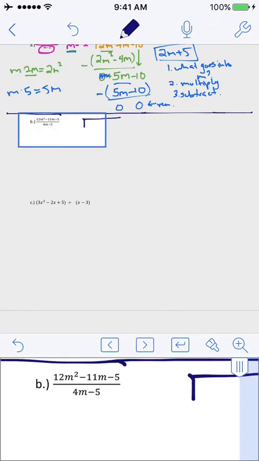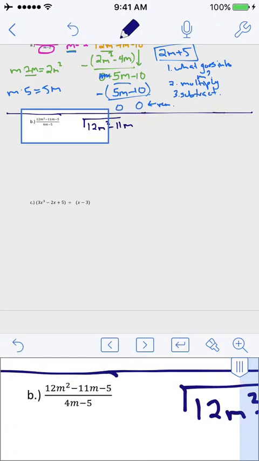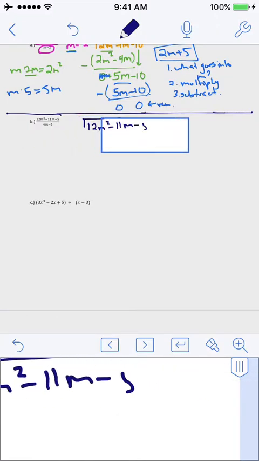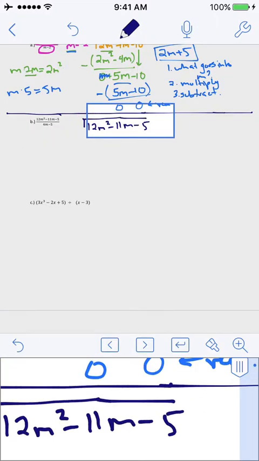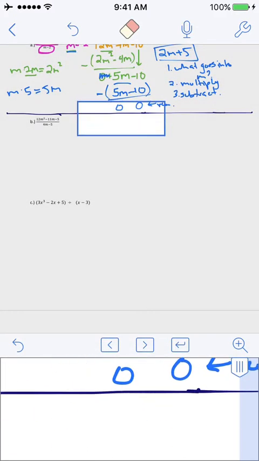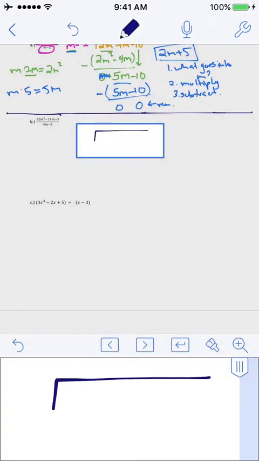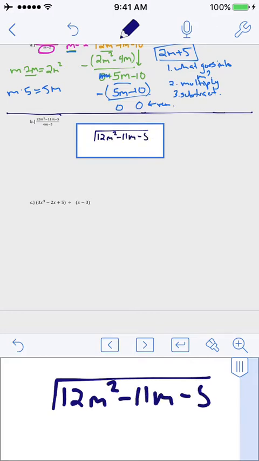So I've got this trinomial of 12m squared minus 11m minus 5. I don't want to write that close because I know I'm supposed to write my answer up top there, so we're going to move it down a little bit. 12m squared minus 11m minus 5.